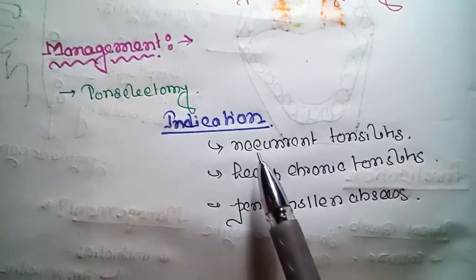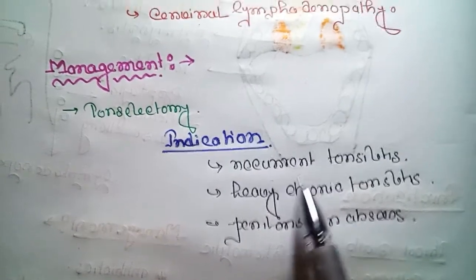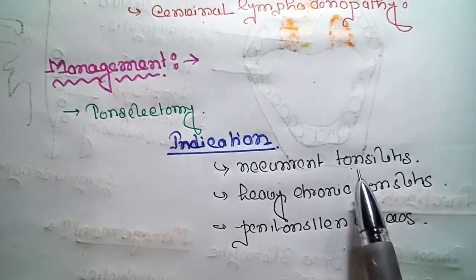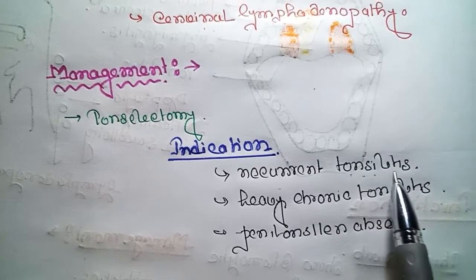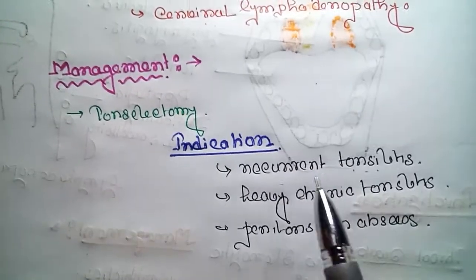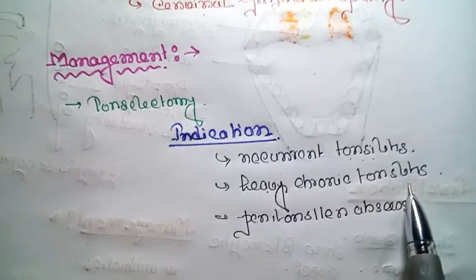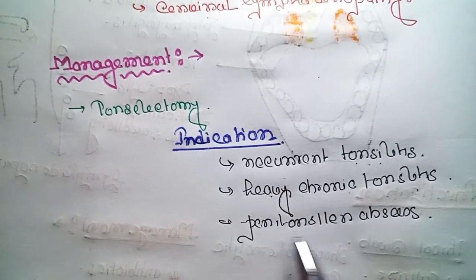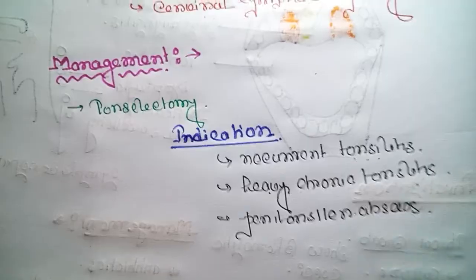Indications for tonsillectomy include recurrent tonsillitis, that means several attacks of tonsillitis, I think it is 6 in 1 year, then chronic tonsillitis, and having a peritonsillar abscess.